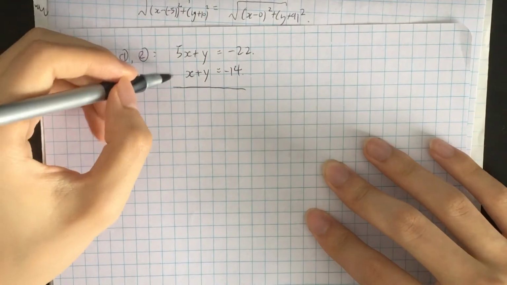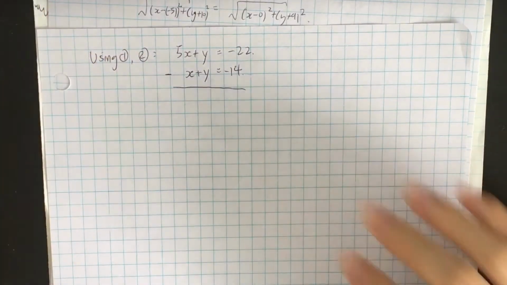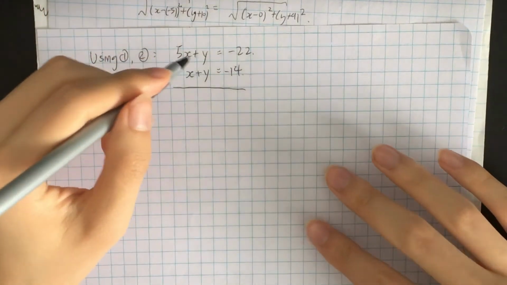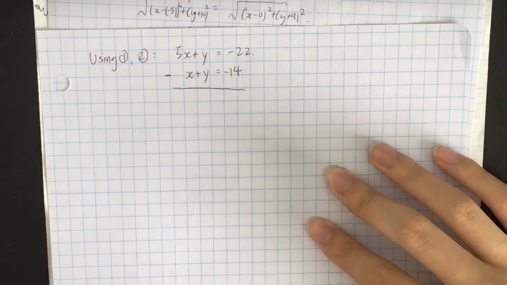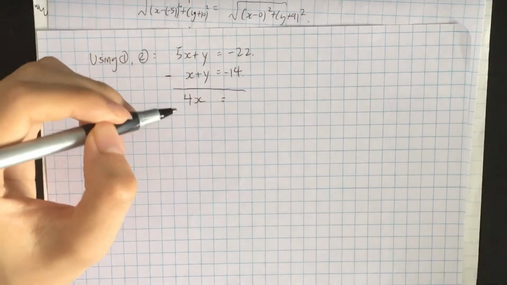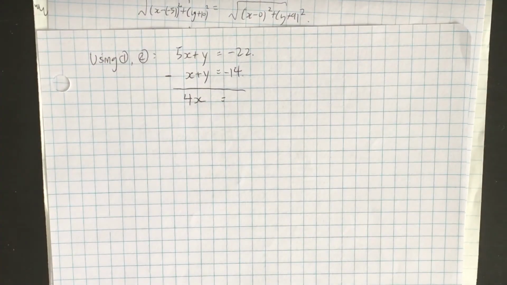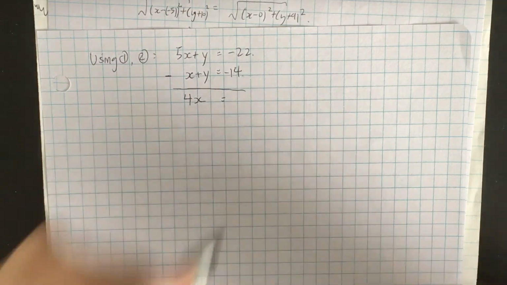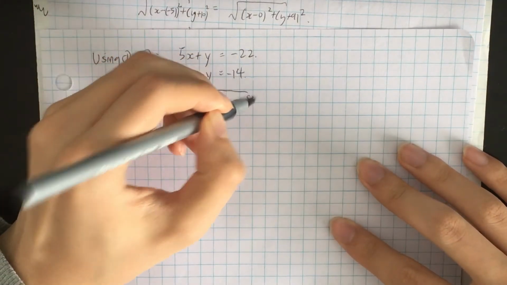If we subtract the second equation, the y's will cancel out. So we're left with 4x is equal to negative 8.